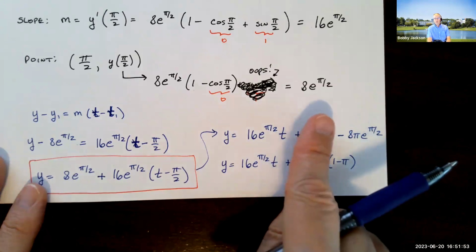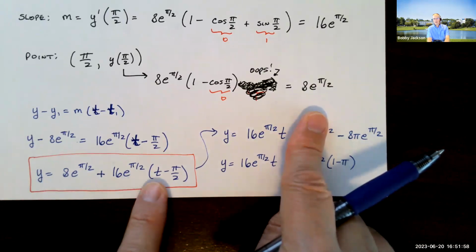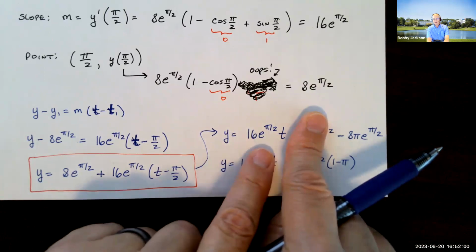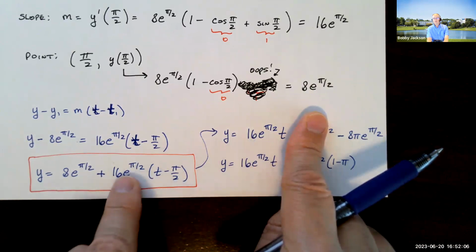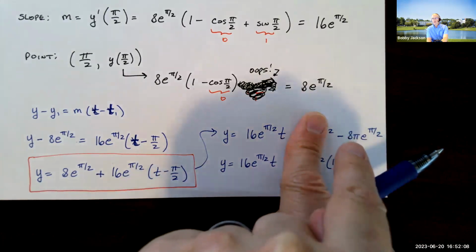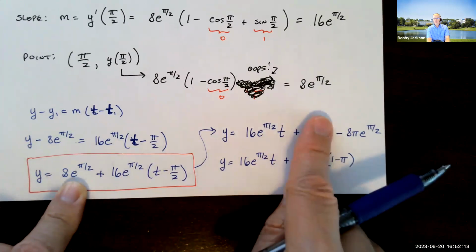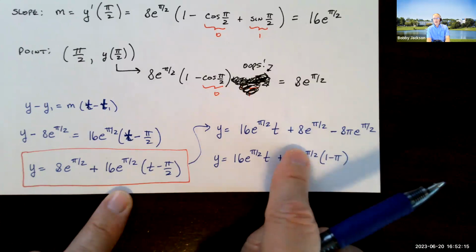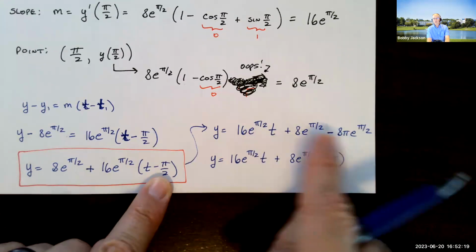It just looks kind of weird, but I distributed 16e to the pi over 2 times t there, minus 8 pi times e to the pi over 2. And then this 8e to the pi over 2 I put there. Sorry, it was kind of confusing. So distributing through these two terms gives me the first and last term, and then that one in the middle.